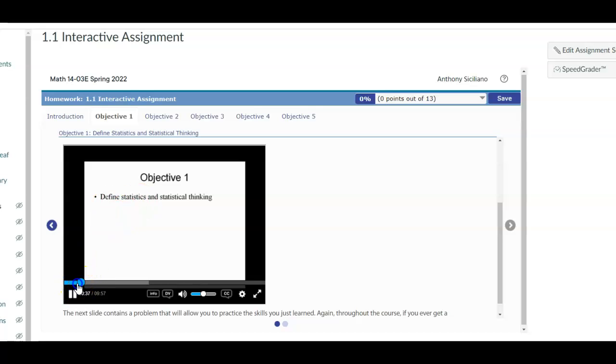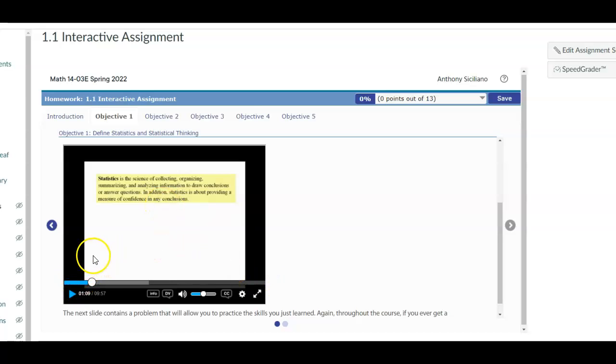I'm going to move forward a little bit, and I'm pausing the video. The author is going to define statistics: it's the science of collecting, organizing, summarizing, and analyzing information to draw conclusions or answer questions. In addition, statistics is about providing a measure of confidence in any conclusions.